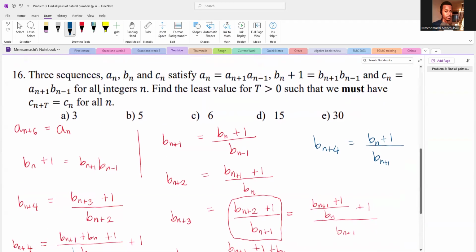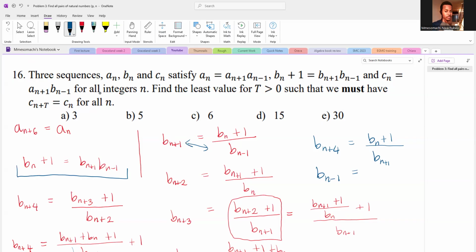Okay. So where have we seen this before? Okay, so let's look at what bn minus 1 is. So from this expression here, so bn minus 1. So from here, these two, they swap places.